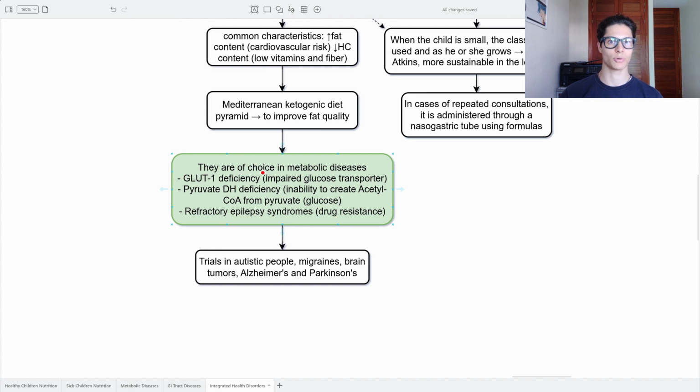This is the glucose transporter to get glucose into the brain, and in the pyruvate dehydrogenase deficiency as well, which is the inability to create acetyl-CoA from pyruvate, from glycolysis indeed. And they are also used in the refractory epilepsy syndromes, when there is a drug resistance. As these diets are becoming more and more popular nowadays, they are starting to do trials in autistic people, migraines, brain tumors, Alzheimer's, and even Parkinson's.